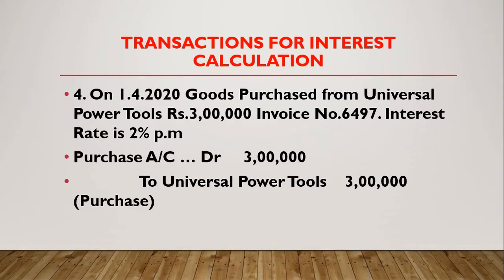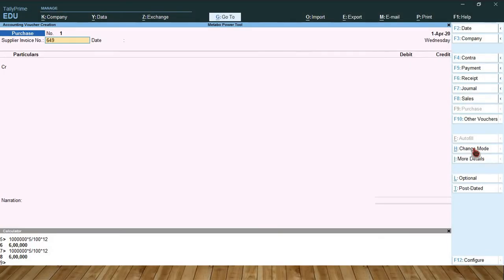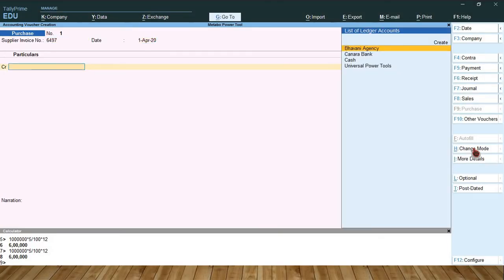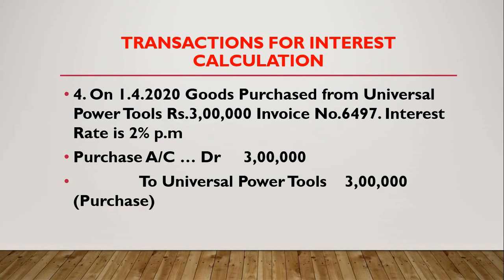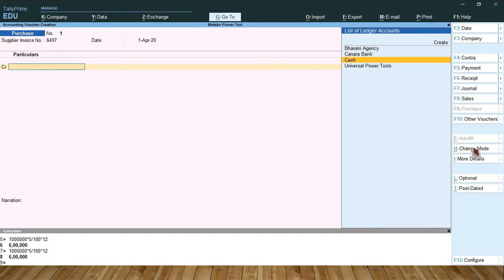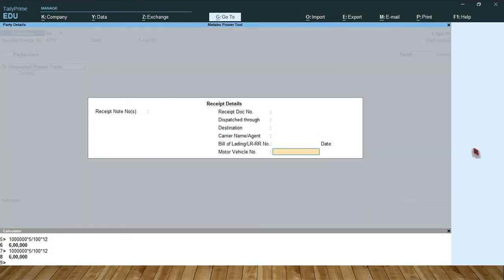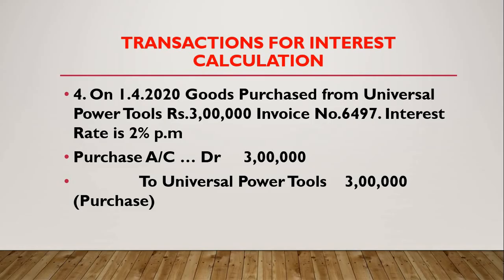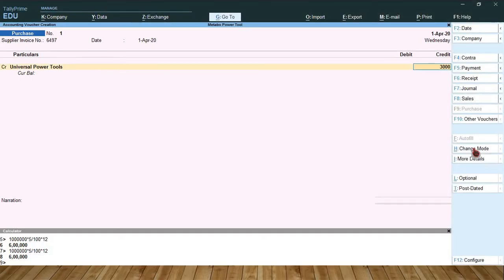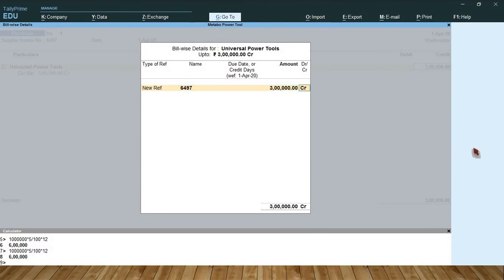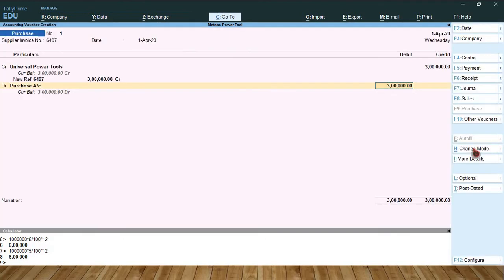So type supplier invoice number 6497. So credit entry first, Universal Power Tools. The amount is 3 lakh. New reference, purchase account 3 lakh.